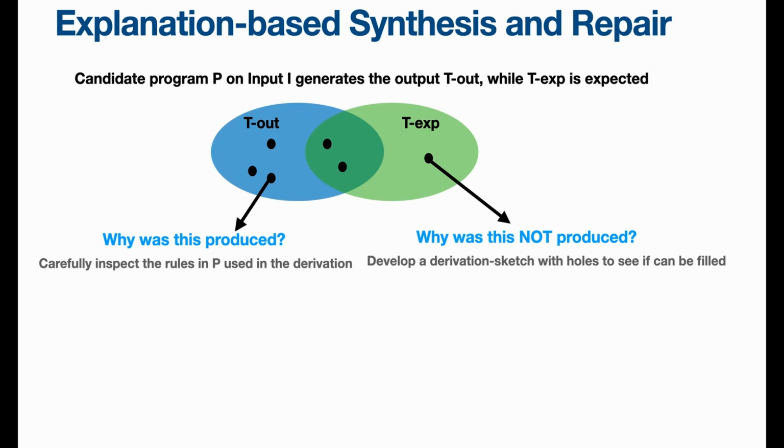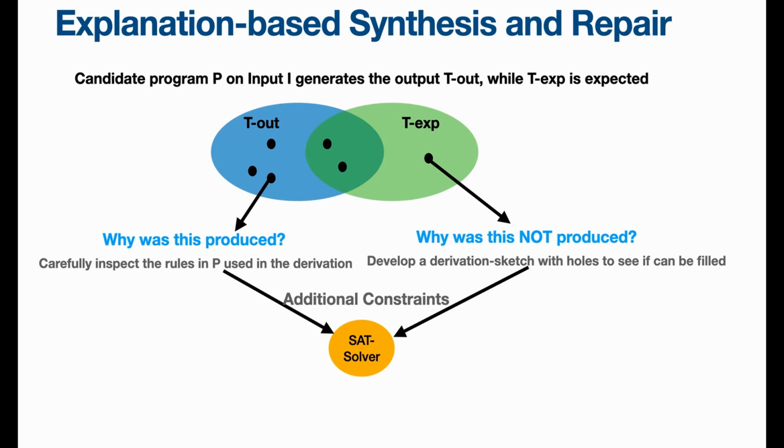Both of these would have additional constraints that we accumulate, and using these additional constraints, we can pass them on to a SAT solver. A SAT solver is a satisfiability solver.